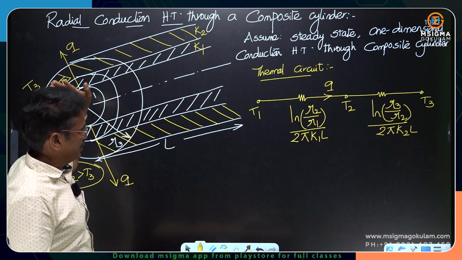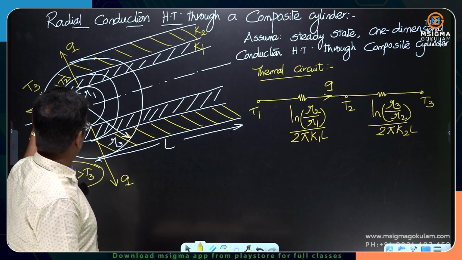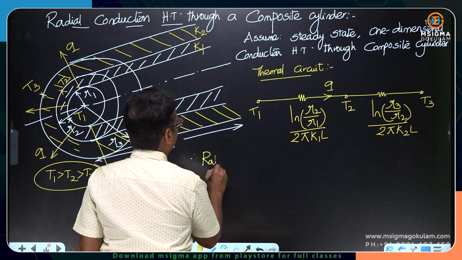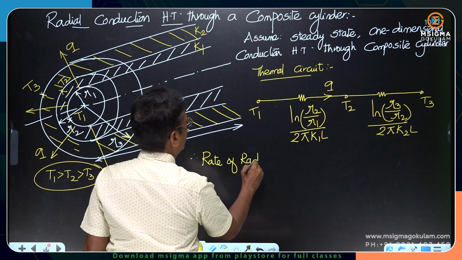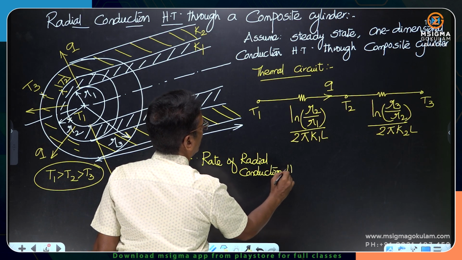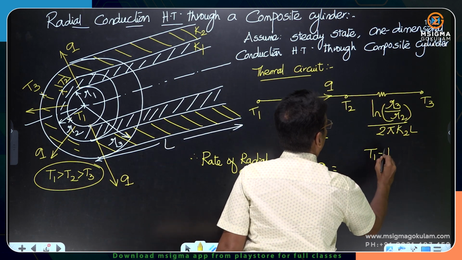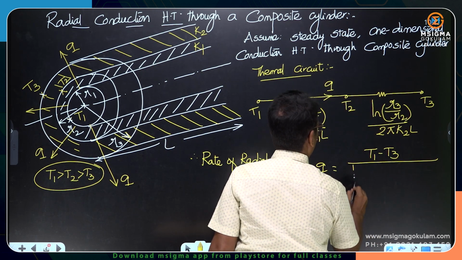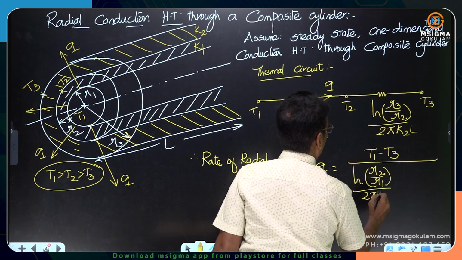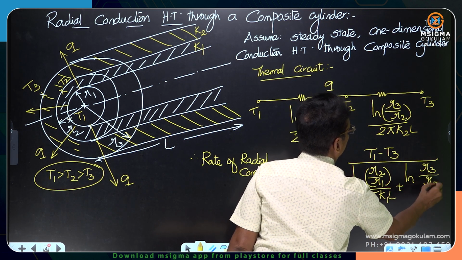Two resistances are in series. So, that is the thermal circuit for the heat transfer occurring between the innermost surface and the outermost surface, T1 and T3. Therefore, the rate of radial conduction heat transfer is T1 minus T3 divided by the sum of the two resistances.